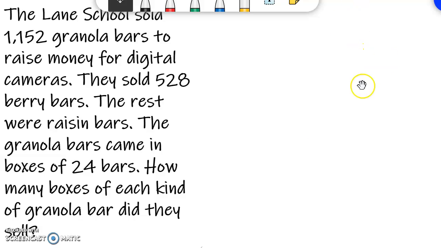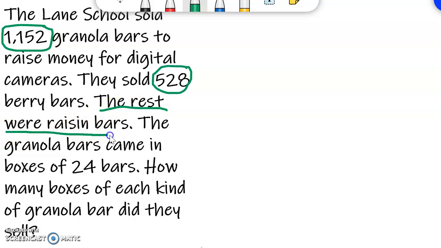Well, first of all, this is a two-step word problem. The first thing I want to do is circle the numbers in the problem. So I have 1,152 granola bars. And of that 1,152, 528 were berry bars, and the rest were raisin bars. The rest.